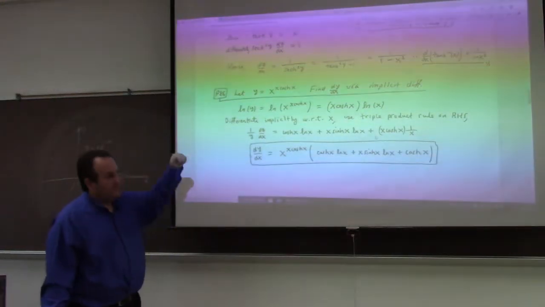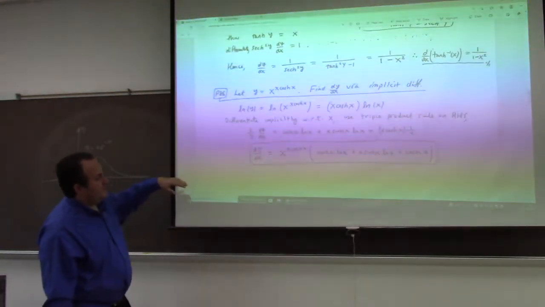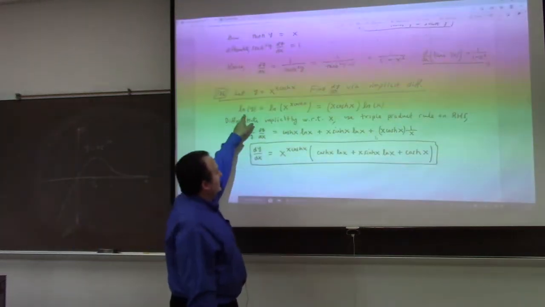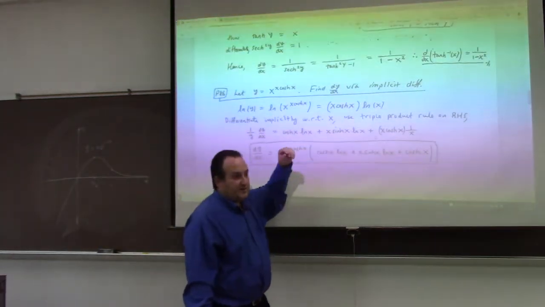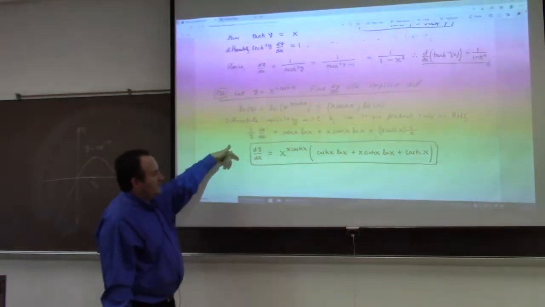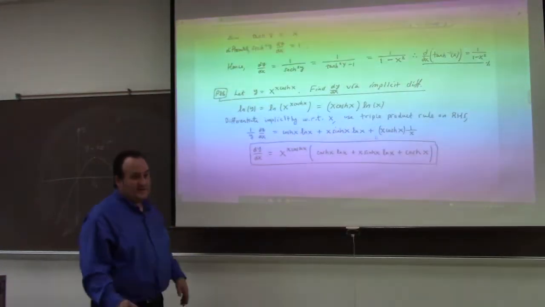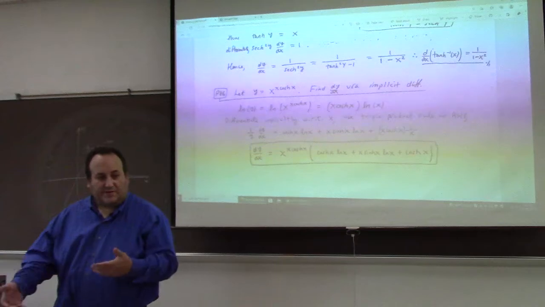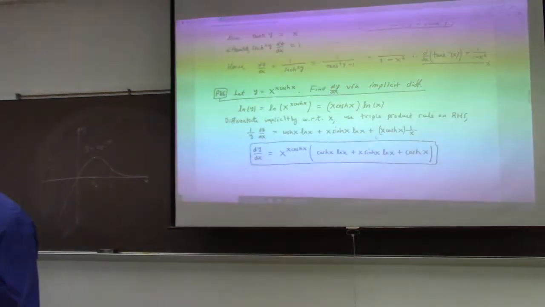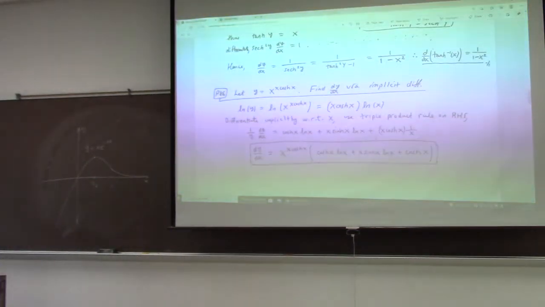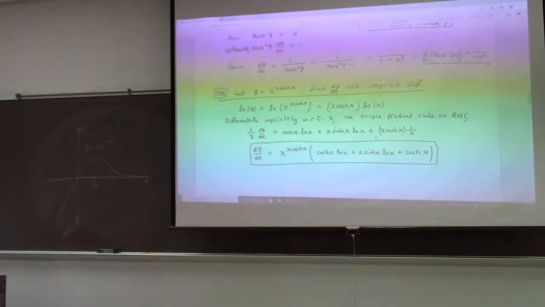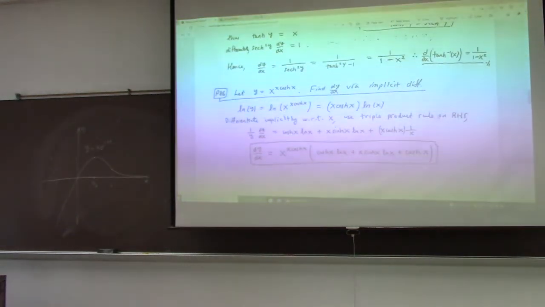So with that move, all of a sudden we've got log y is x cos x log x. We differentiate and then solve for dy dx, and then you have it. So anytime you've got x to a function of x, what you want to do is say y equals that, take the natural log of it, and use implicit differentiation. That's how to solve these kinds of problems.